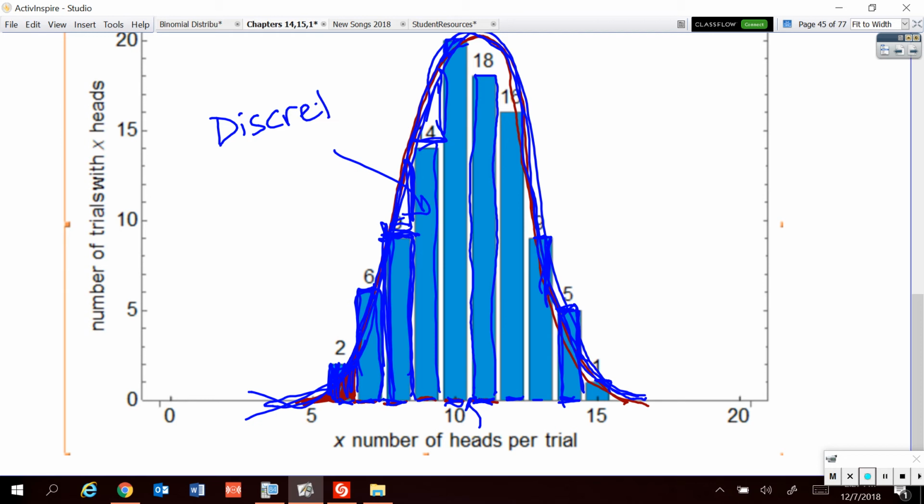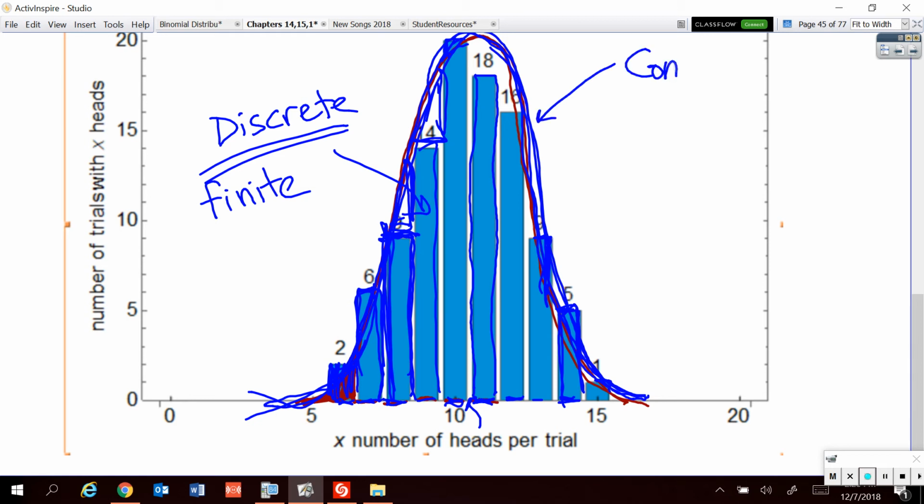This word is not critical vocabulary right now. We'll touch more on it at the beginning of next semester, as it has to do with that chapter 16 that we skipped. It is discrete because we've got finite events happening. You can just have 5 or 6 or 4 or 3 or 2 or 19 or 20, as opposed to the normal model, which is considered more continuous.